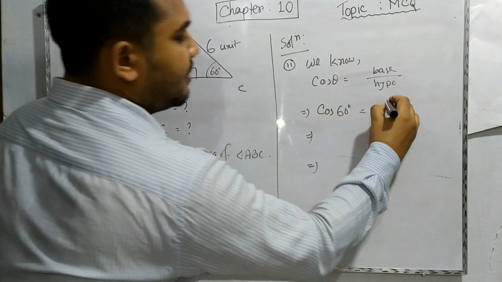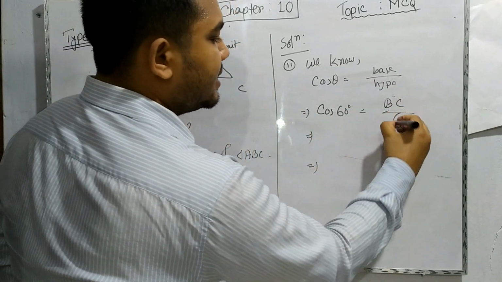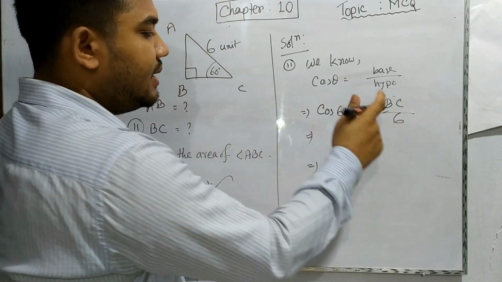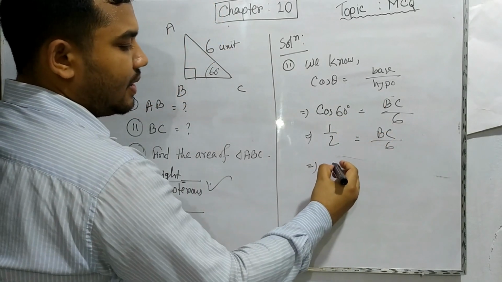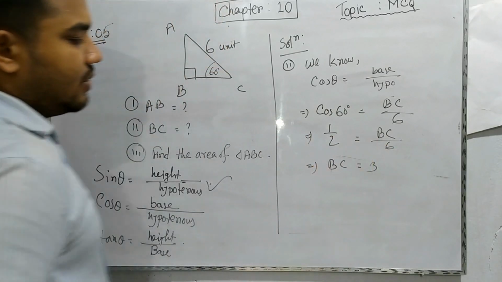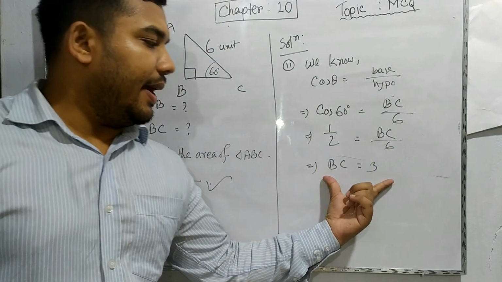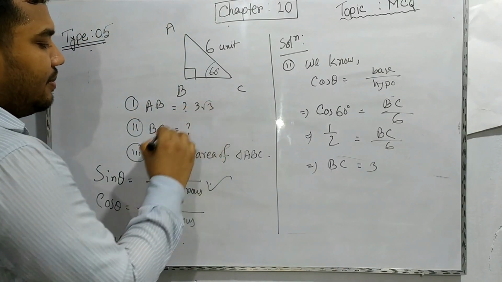We don't know the base, but the hypotenuse is known to us, that is 6. Then cos 60 is half, so half equals BC by 6, and then BC will be 3. So we get the value of BC is 3, and our AB was 3 root 3.